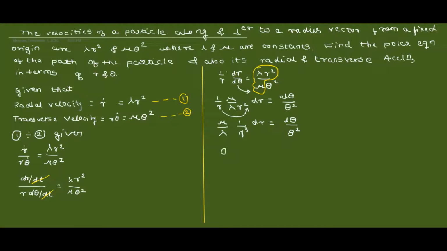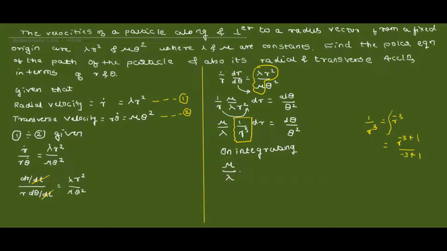Now on integrating, what do we get? Mu divided by lambda is constant, as it is. What is the integration of this? 1 divided by r cube, we can also write it as r raised to minus 3, and its integration is r raised to minus 3 plus 1 divided by minus 3 plus 1.